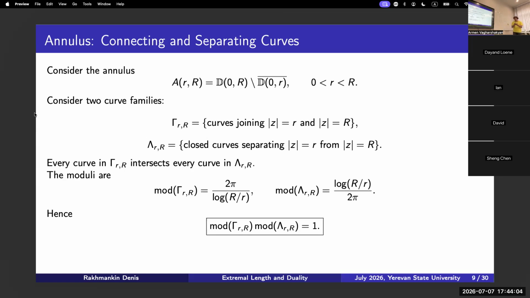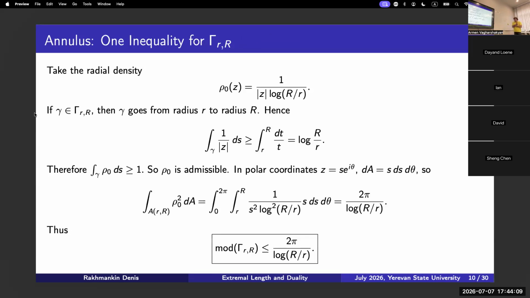So let's prove these explicit formulas. I do it only from one side, the upper bound, because the other side is completely the same as in the rectangle situation. For proving the upper bound, we should find some density. Let's choose a radial density, prove that it is admissible, and calculate the energy.